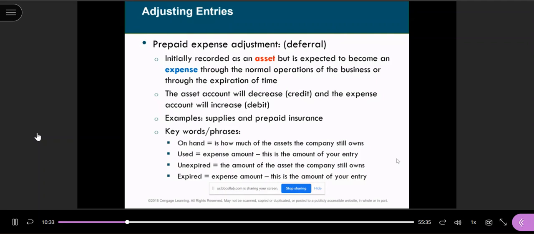The used amount would be your expense amount. So that again would be the amount of your adjusting entry. If you see the term unexpired, unexpired again is the amount of the asset that we still own versus expired, think expense. EXP goes with EXP, and that would be the expense amount, how much we've used of that insurance or that rent during that time frame.